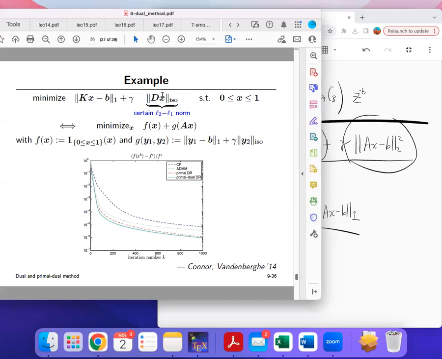So this Dx will extract those boundary points. Okay, so we focus on the boundary points. So this optimization problem, again, is very hard to solve because of the L1 norm, this linear mapping, and also this penalty term.